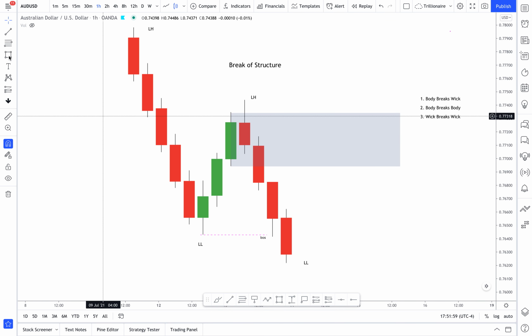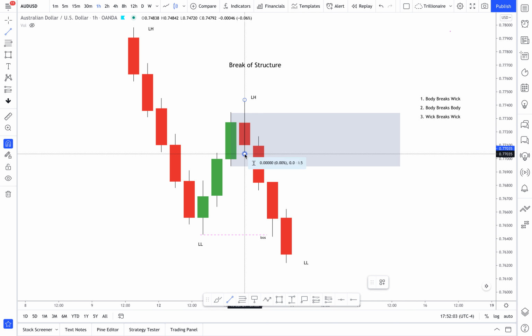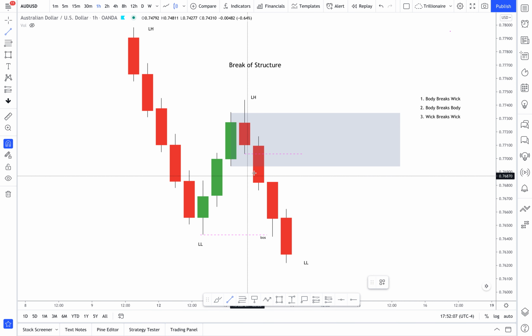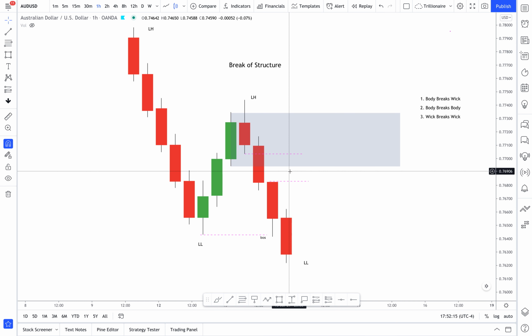Not only do we see a liquidity void here, but we also see imbalance and inefficiency in market structure right here. I'm going to release another video probably this week talking about inefficient and efficient market prices.